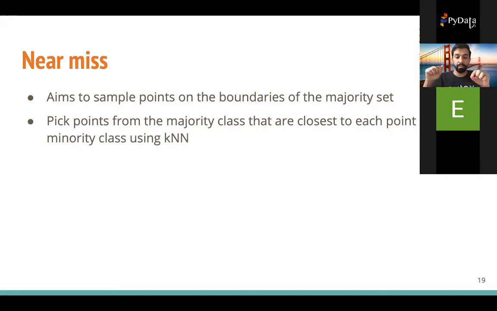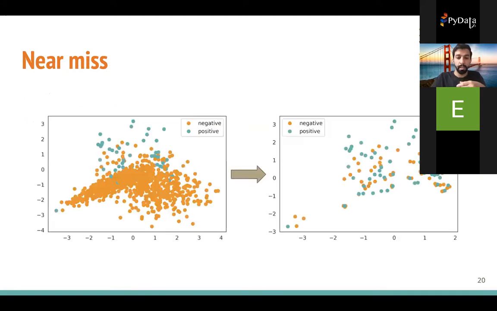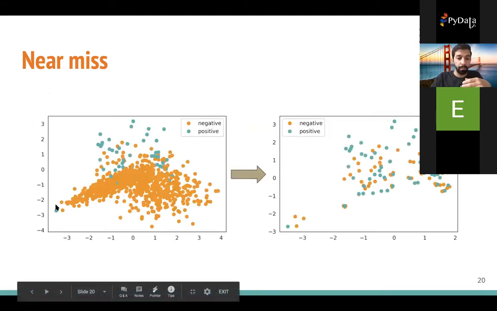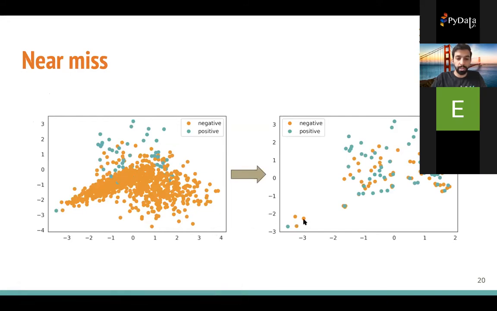It will run K nearest neighbors, for example 3 nearest neighbors, on the minority class. If the 3 nearest neighbors are from the majority class, it will keep those. Or if 2 of them are from the majority, it will keep those. For example, for this point in the lower left, those 3 points are its 3 nearest neighbors from the majority, so we keep those 3 points, etc.